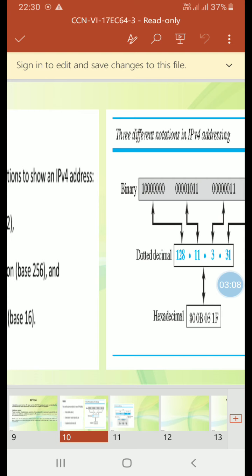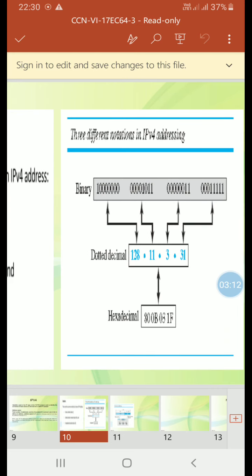To make the address more readable, one or more spaces are usually inserted between each octet, so it is displayed as 32 bits in a group of 4 octets.